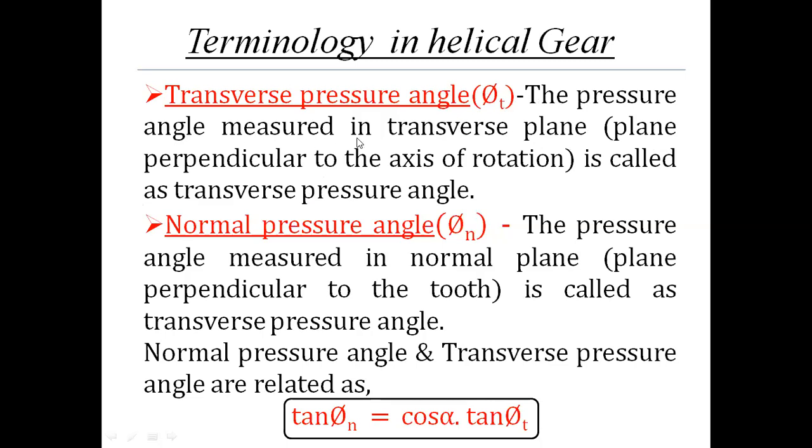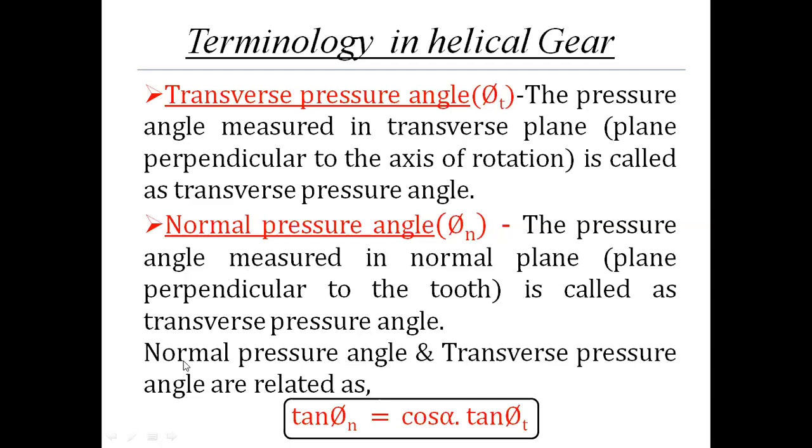The pressure angle measured in the transverse plane is called the transverse pressure angle, and the normal pressure angle is phi n, the pressure angle along the normal plane. The pressure angle measured in the normal plane, which is the plane perpendicular to the tooth, is called the normal pressure angle phi n.